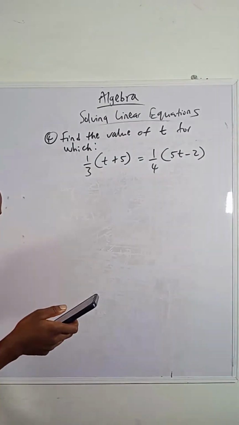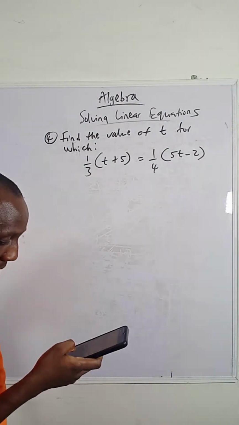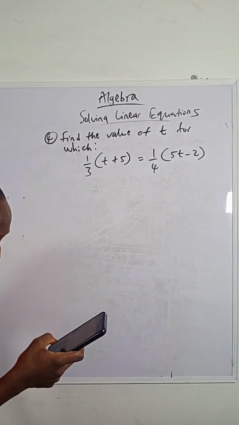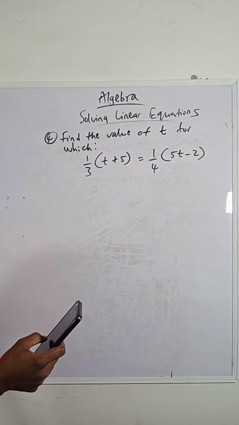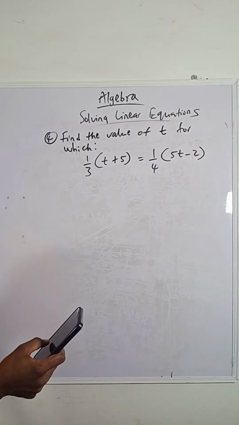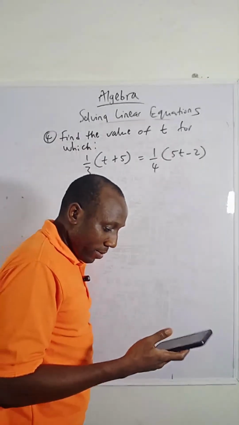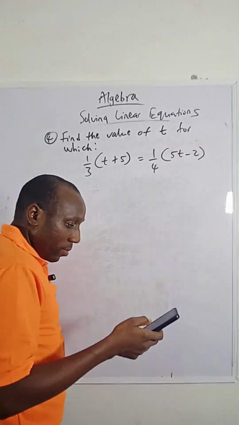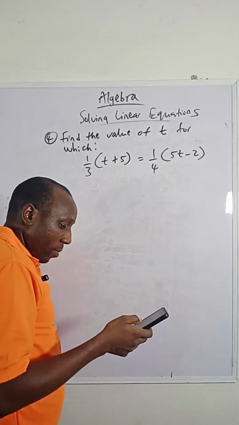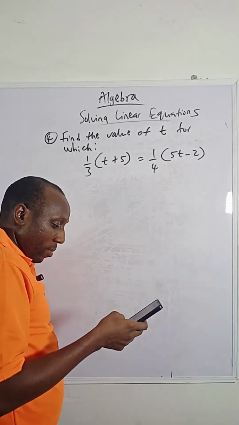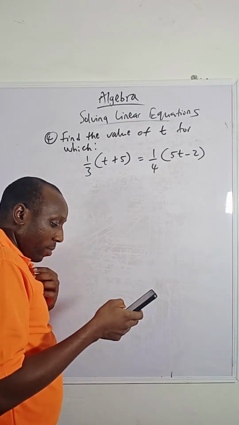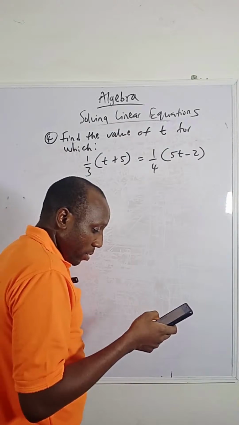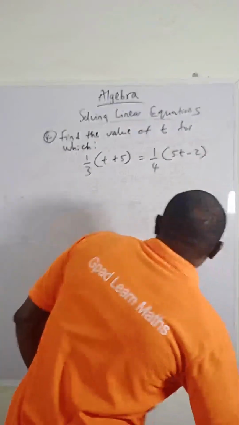So somebody already got the answer as 26 over 11. Wow, these guys are on fire. These guys are hot. You're doing it. Yeah, that's true. I agree with what you just said.